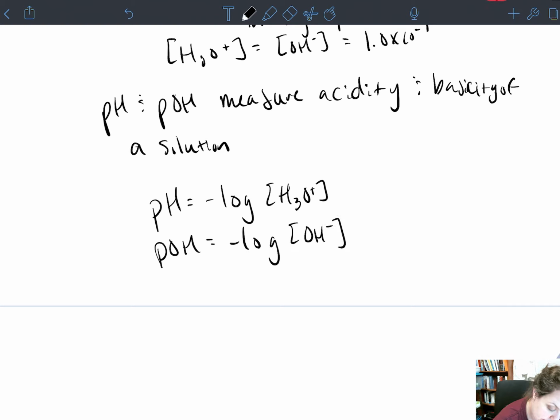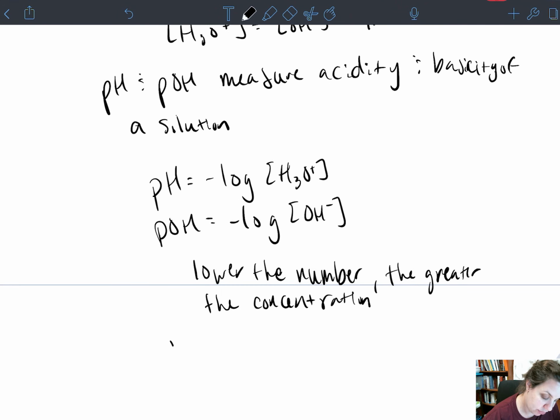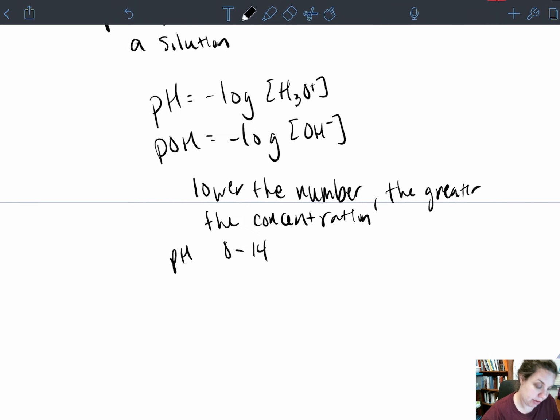And in this case, the lower the number, the greater the concentration of whatever substance. So if we're looking at pH, if we have a really low pH, it means we have a very high hydronium concentration. Okay, and our pH scale generally goes from 0 to 14, although if you have a very acidic thing, it'll be negative. Okay. Some other calculations you're going to need to know is pH plus pOH is equal to 14. Okay.